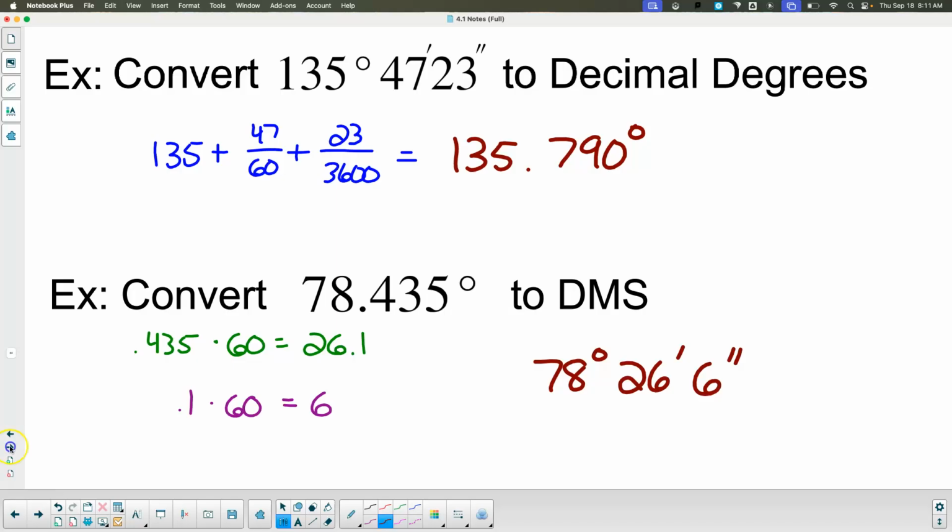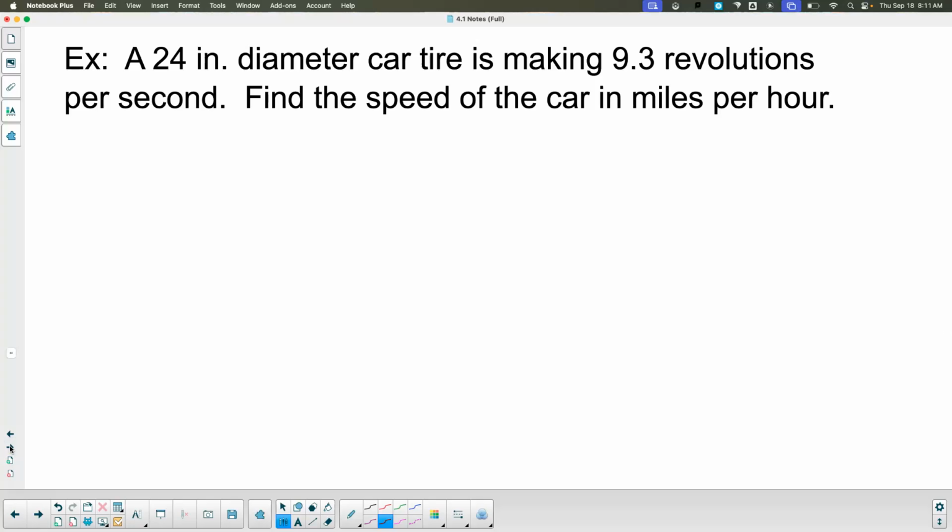All righty. Moving right along. A 24-inch diameter car tire is making 9.3 revolutions per second. Find the speed of the car in miles per hour.